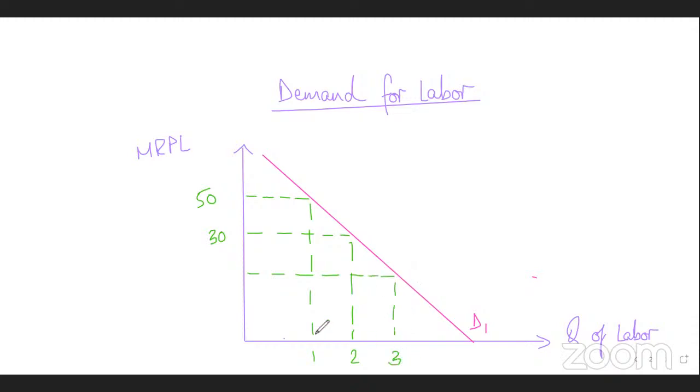As you hire more labor, moving from one to two and then from two to three people, each additional unit of labor is generating less output. That's why the demand for labor curve will be downward sloping. Good on this, students? Is everything clear?